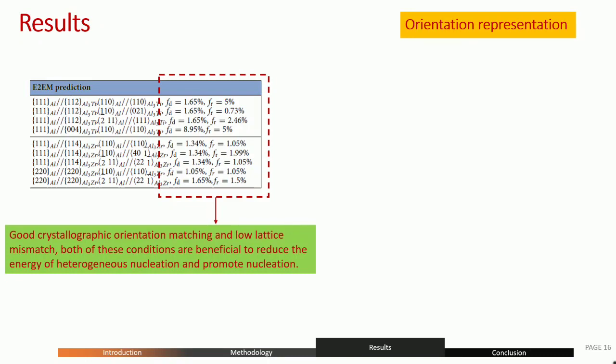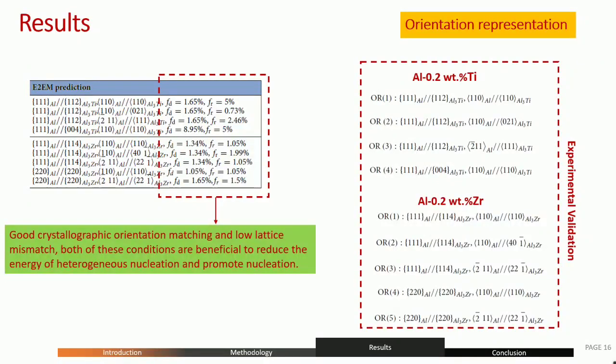So this is a very important phenomenon or result that they are getting. Since the incoherency energy is very less, that is why it is acting as a nucleating site, and it is having heterogeneous nucleation phenomena here. So this is the entire theme of the paper. This is the experimental result that they are getting, exactly what they have predicted, as I showed.